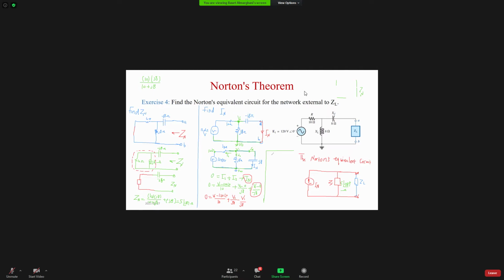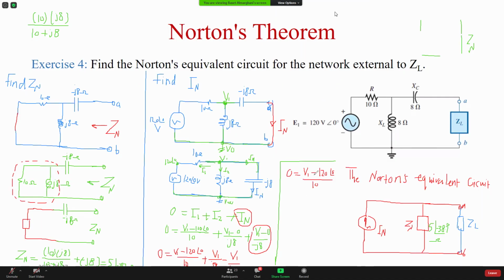So I have 0 equals (V1 minus 120 angle 0) divided by 10. Multiply both sides by 10, so I get 0 equals V1 minus 120 angle 0. So V1 equals 120 angle 0 volt.